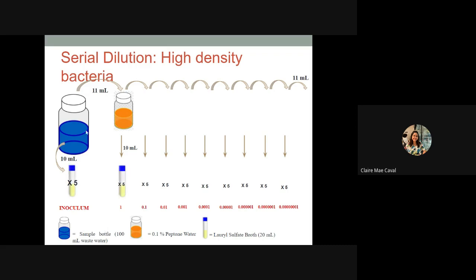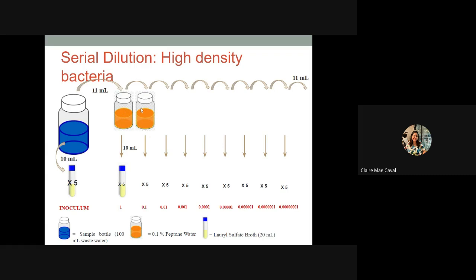After that, from this peptone water, you get or you pipette 10 ml and transfer it to another 5 lauryl sulfate broth. Okay? And then, ang 11 ml naman dito, transfer na din natin dito sa another peptone water.